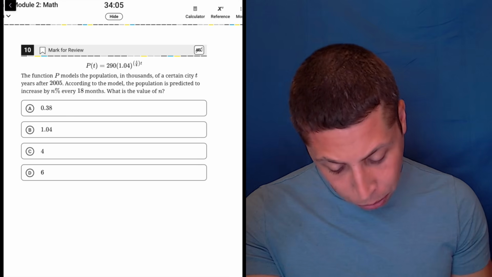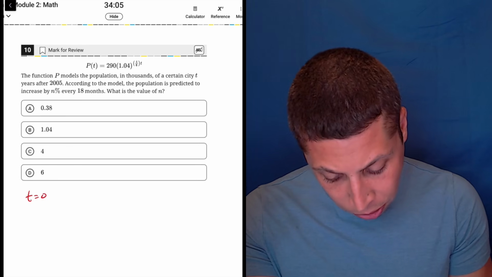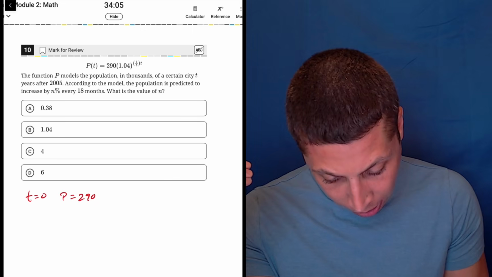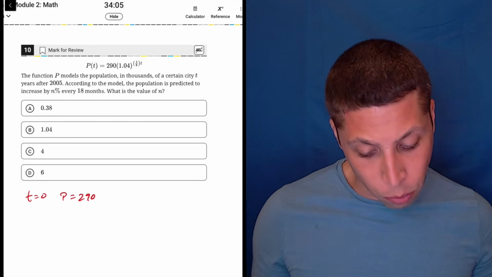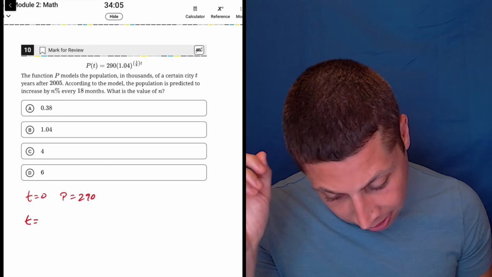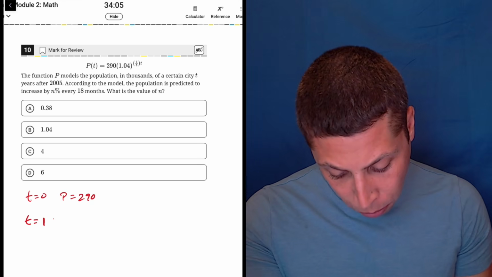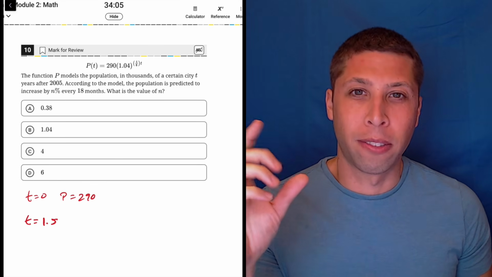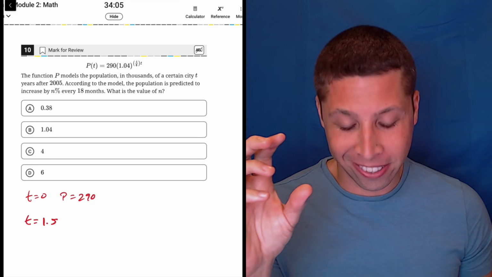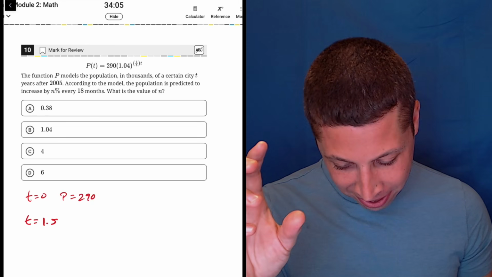So it's plug points into equations. When t is 0, the starting point, this is just a property of exponentials, then P is 290, right? If we put 0 in, everything's going to wash out, so that's fine. But 18 months would be, since t is in years, t would be 1.5, right? 12 months would be a year, plus 6 would be another half a year, so that's 1.5.